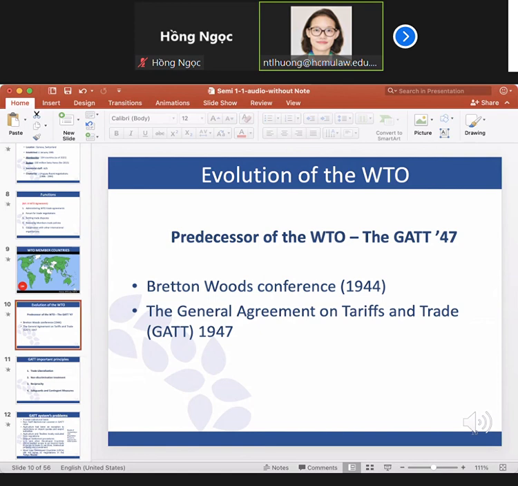There's a sad story that came later. The ITO, the International Trade Organization, never came into being because its charter, the Havana Charter, was never approved by the US.